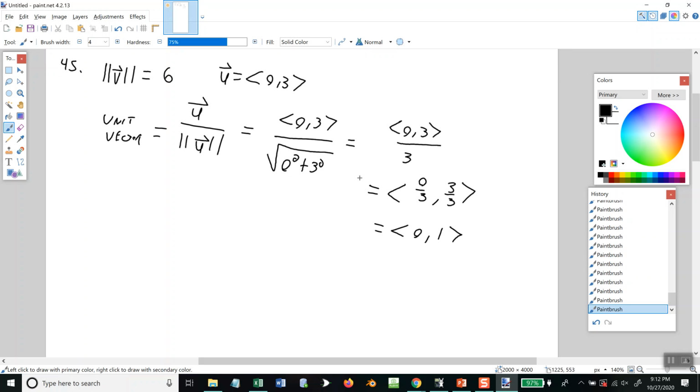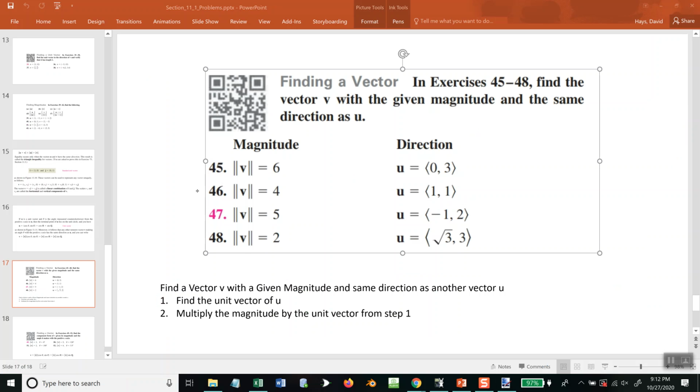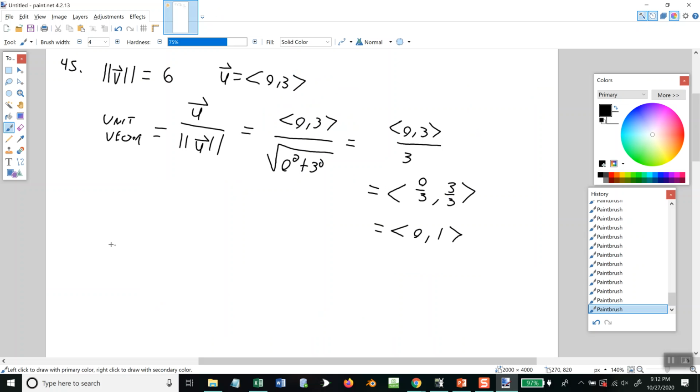The reason why it's probably 0, 1 is because one of them is a 0, if I had to guess. Now after that, you multiply the magnitude by the unit vector from step 1. So you take 6 times 0, 1, which gives us 0, 6.